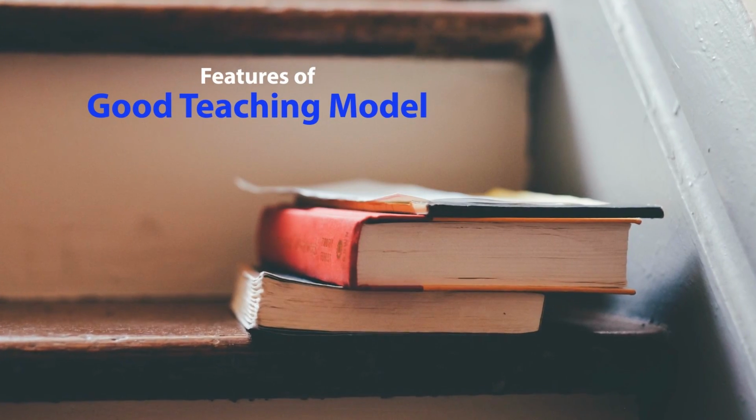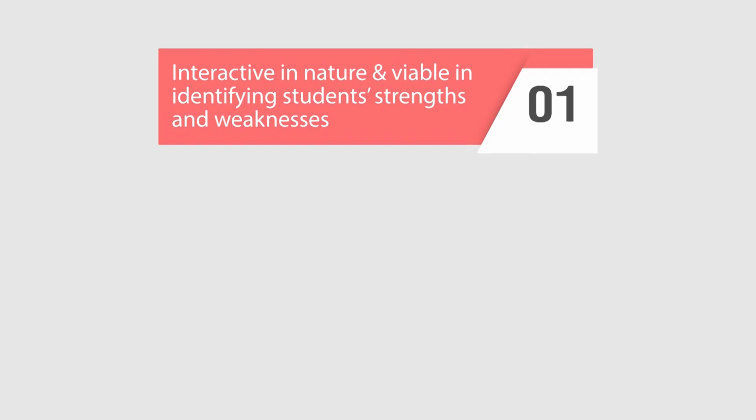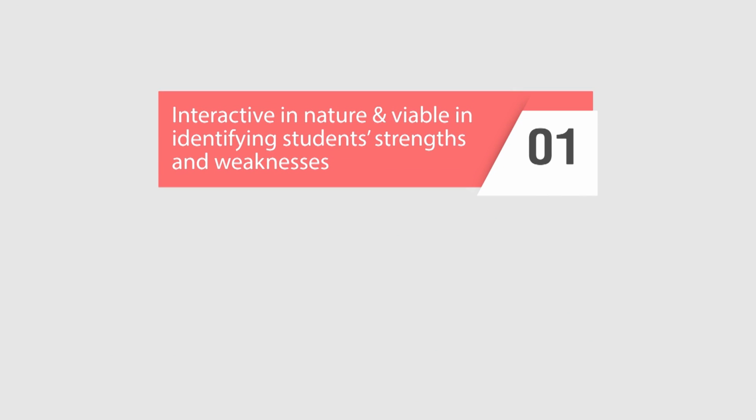Now, what are the features of a good teaching model? First, any teaching model is said to be good and effective if it is interactive in nature. That means there are chances for student-teacher interaction, opportunities for learners to interact with one another, and chances for interaction between the students and the content.